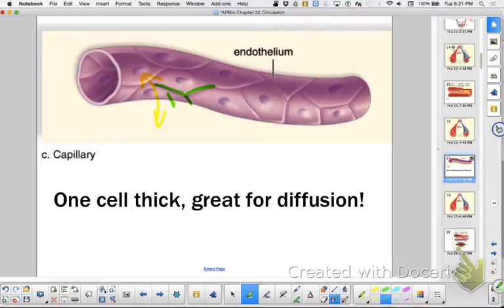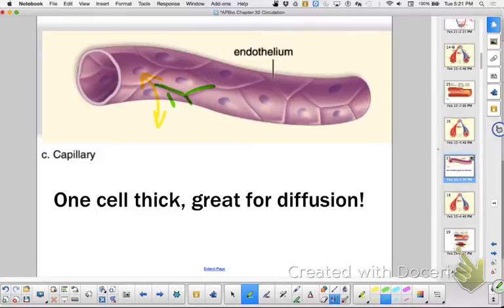But we have two pressures at work at a capillary: hydrostatic pressure that's always forcing fluids out, and osmotic pressure that's always forcing fluids back in. Whatever is left over becomes part of our lymphatic system as our lymph vessels pick that up, and I'll hit that a little later. But that's a dynamic exchange, and only at capillaries do you have that exchange.